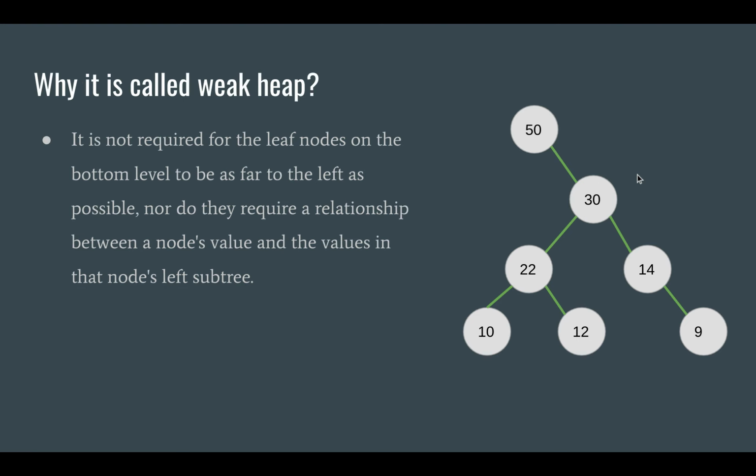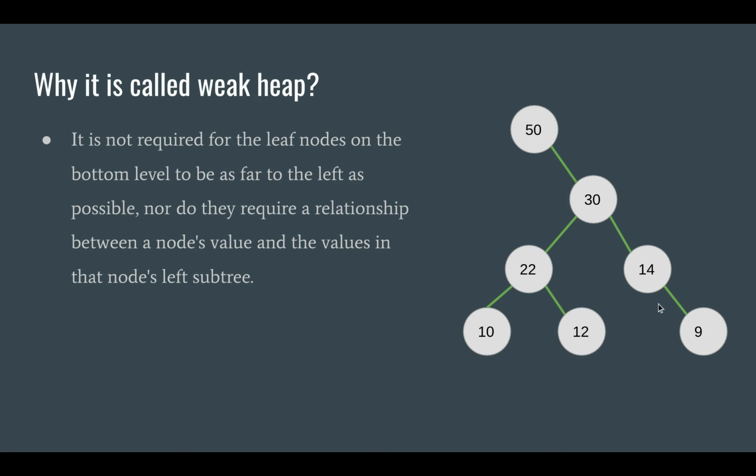Next, we'll see why it is called a weak heap. There are two points here. The first point is that it is not necessary for a leaf node to be as far left as possible.